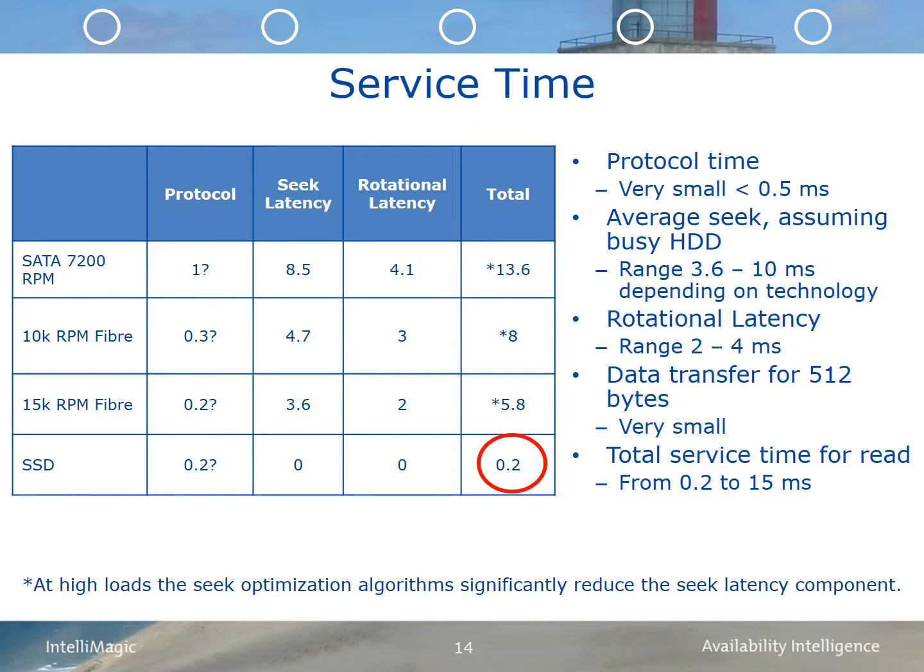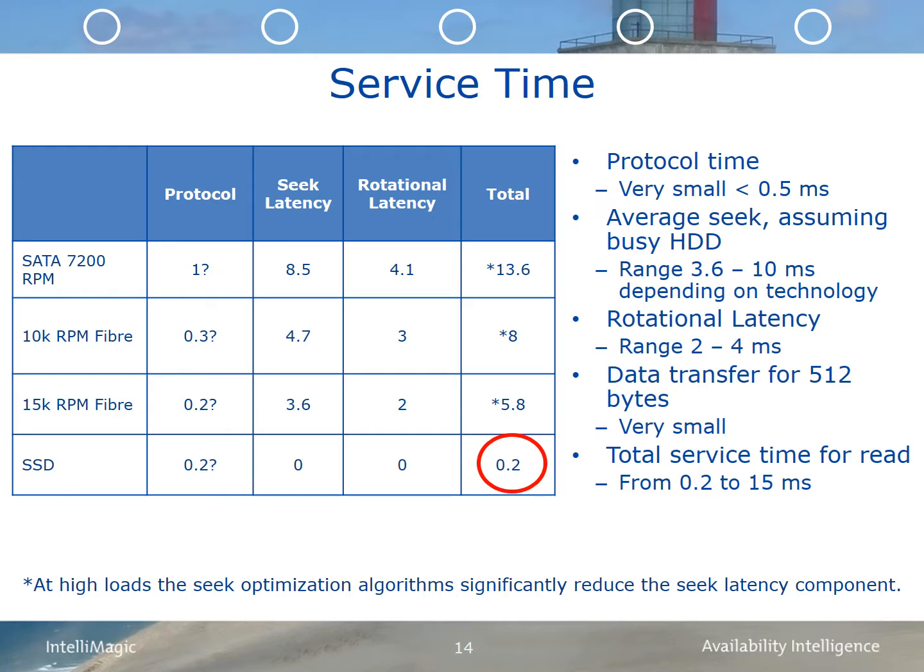Service times are another way to look at the drive capabilities. I have nearline drives here, and then 10 and 15K spinning drives, as well as SSD. As we discussed before, the SSDs do not incur any seek or rotational latency, so the only thing they have is protocol overhead, which tends to be about 0.2 milliseconds. And as you look at the others, you can see there's a vast difference.